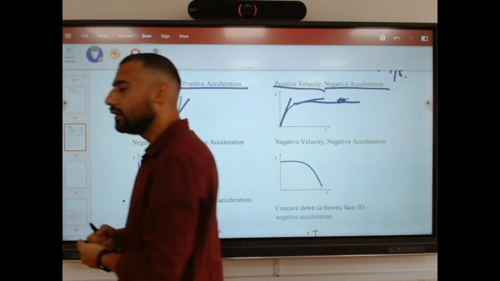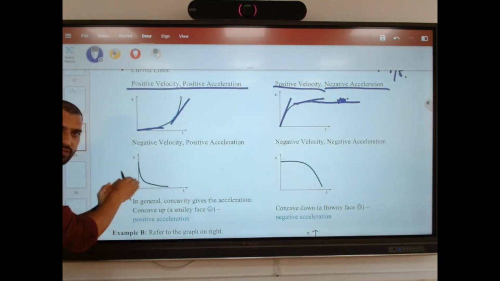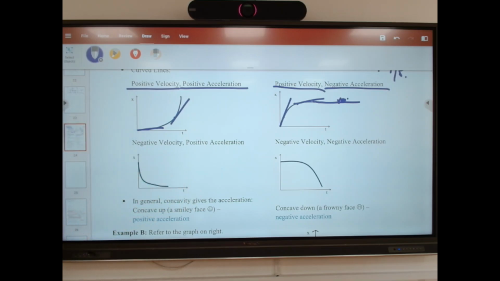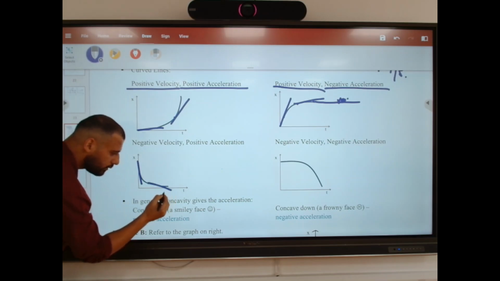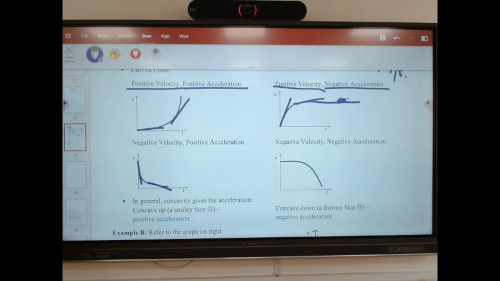Now come here. What is happening to the slope of this graph? Decreasing, isn't it? See, what is the slope here? More. What is the slope here? Less, isn't it? Now tell me what is happening.